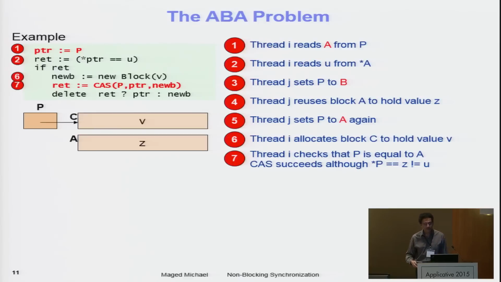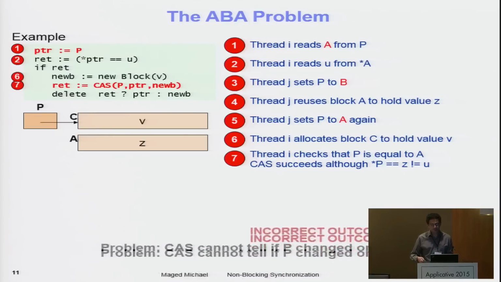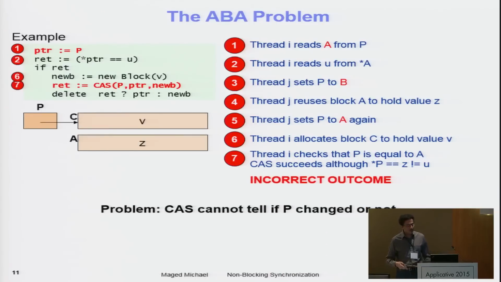But this is incorrect because block A had value Z, which means the abstract data structure had the value Z, and the compare and swap should succeed only if the value was U. So now we have an incorrect outcome because the read part of compare and swap doesn't know what happened in between when it read and when it read again to confirm that it has the same value.